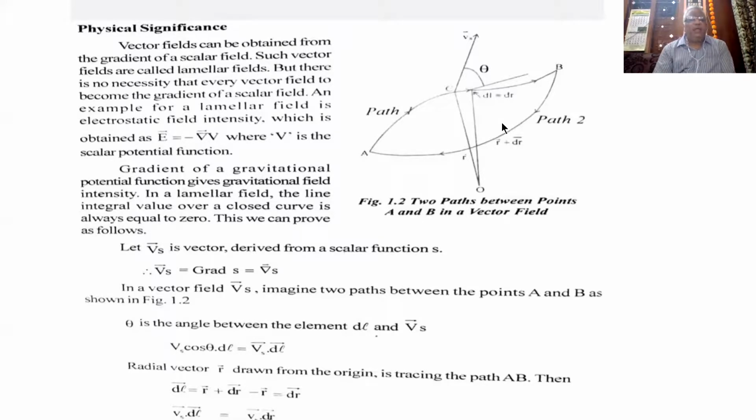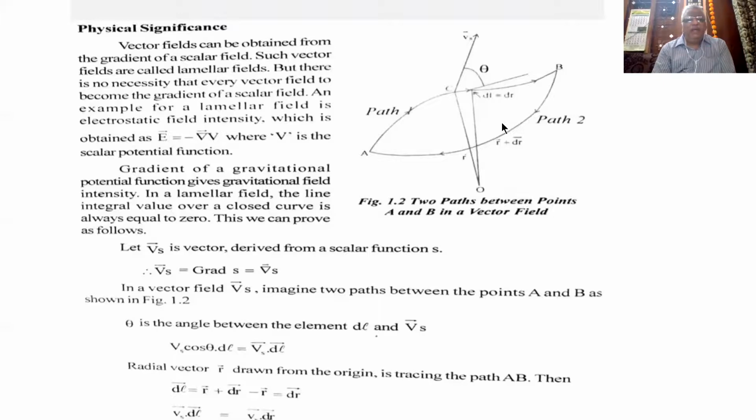Then we can prove that if del S is a vector derived from a scalar function, del S is equal to grad S. In a vector field del S, imagine the path between two points A and B is shown in figure 1.2. Theta is the angle between the element dl and del S. Del S cos theta times dl is nothing but del S dot dl, which is a dot product.